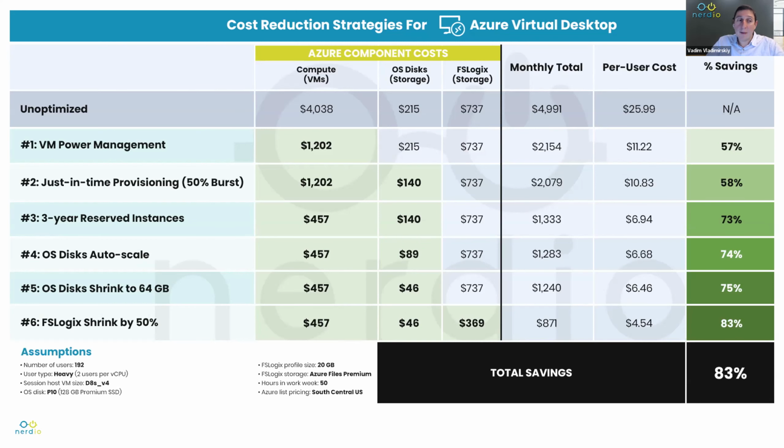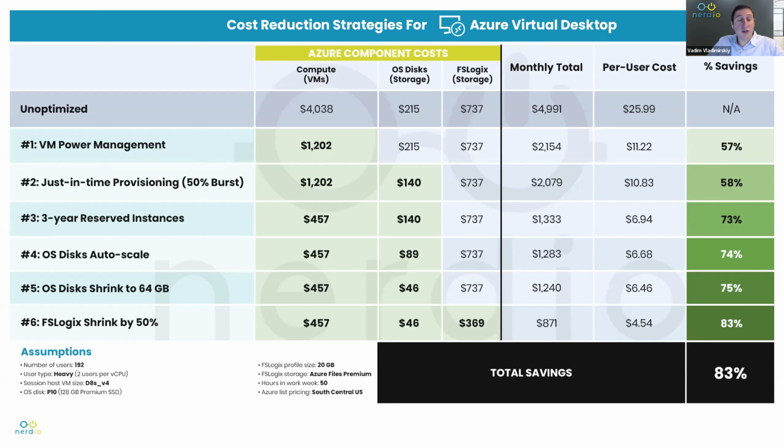So what typically happens in unoptimized FSLogix environments is that the FSLogix disks keep growing and growing and growing over time, even though the usage is a small fraction of what's actually consumed on disk in Azure Files. And the cost of Azure Files is based on how much capacity you have allocated to it or how much quota you've given it. So you're paying for a lot of white and empty space.